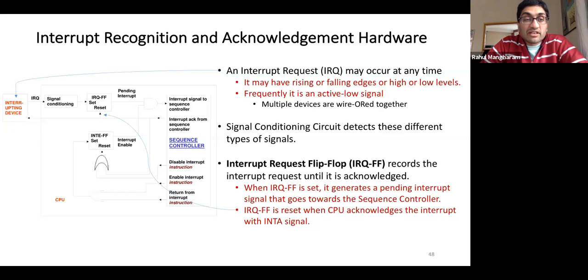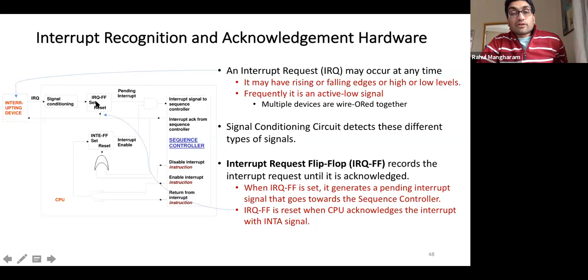So we have to do some signal conditioning. That just means that when an interrupt occurs, you have to treat it as a digital signal. But if there is any noise, we have to run it through some set of filters. And then it feeds into an IRQ flip-flop, and this is an SR flip-flop, or a set-reset flip-flop.